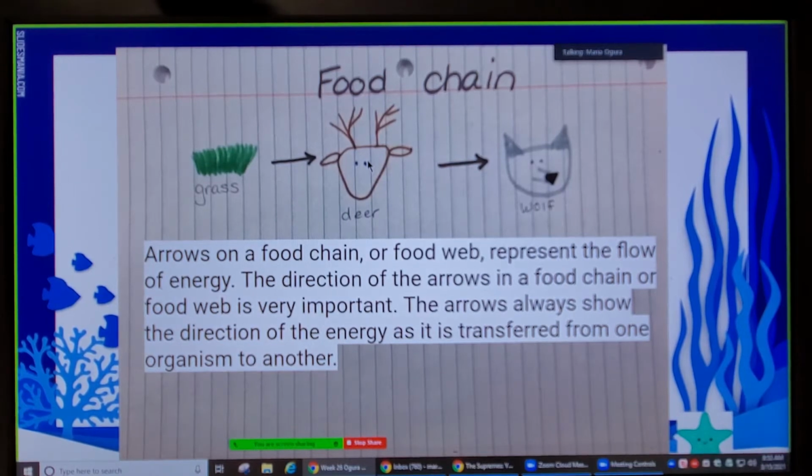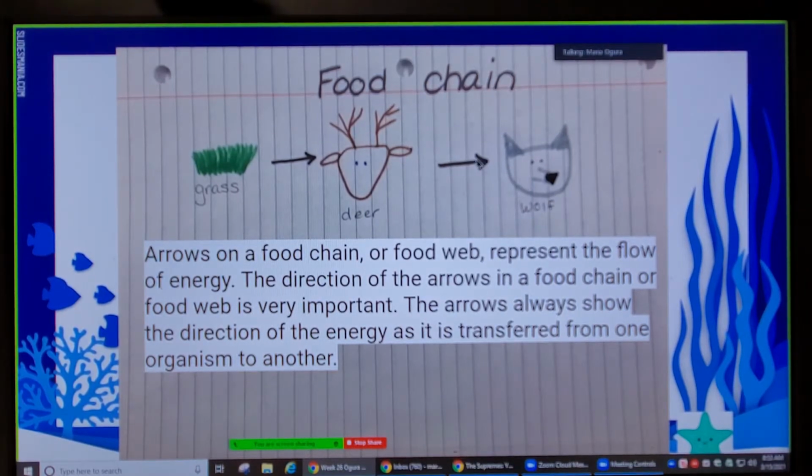So when the deer eats the grass, the energy, let's say it ate this patch of grass, is going to go to the deer. And now the deer is going to use the glucose to be able to run or to grow antlers. At some point in his life, he's going to have the unfortunate luck that he gets eaten by the wolf.